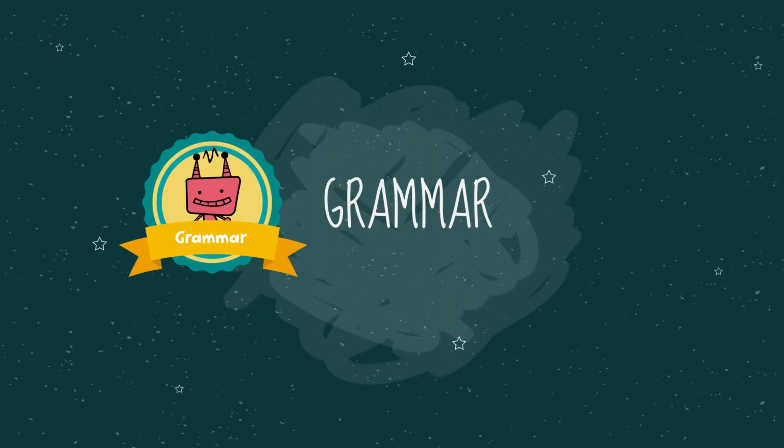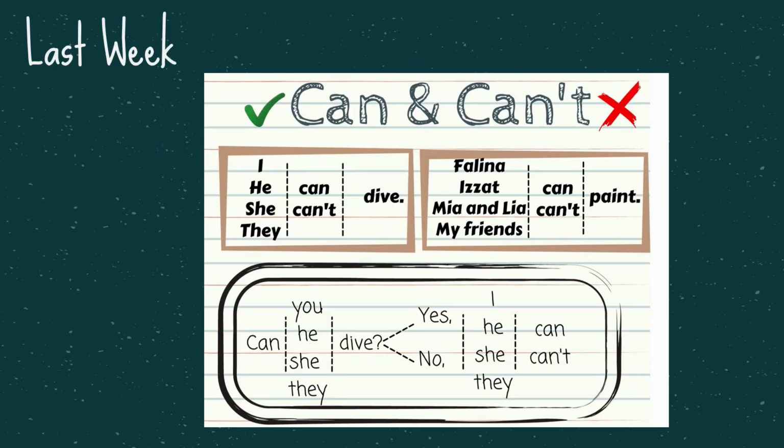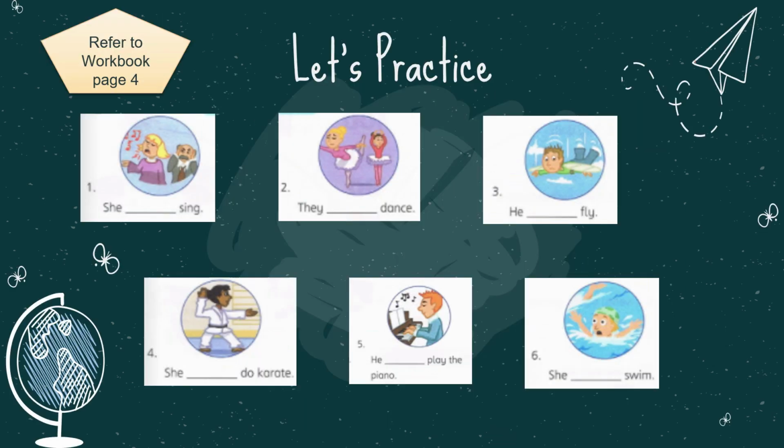Now, let's look at the grammar that we will be doing today. In the previous lesson, we have looked at can and can't. Do you still remember? We have learned it in the sentence form and also a question form. Let's practice.